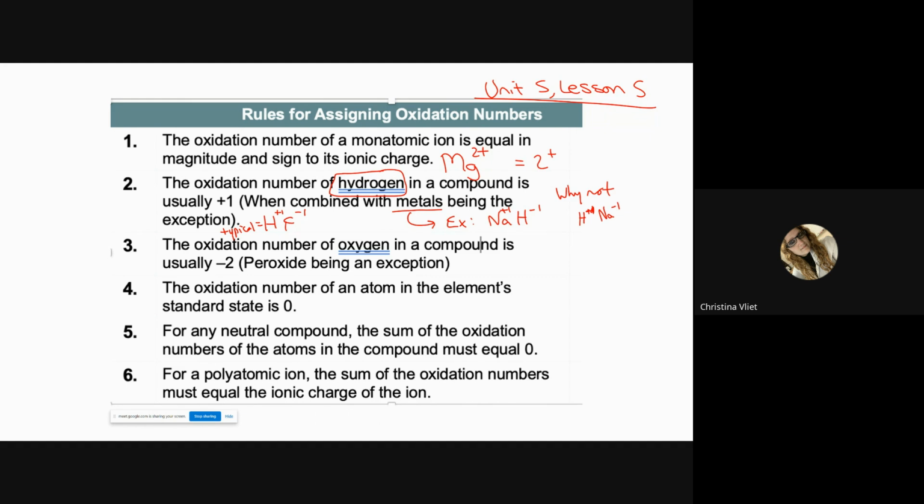The answer will always lie in electronegativity. Hydrogen is more electronegative than Na, because non-metals are more electronegative than metals is the idea. So that's why that can't be. It's typically going to be written to you in such a way that you'll see if you got a compound, remember the cation comes first and the anion comes second.